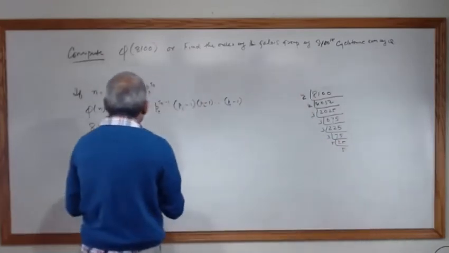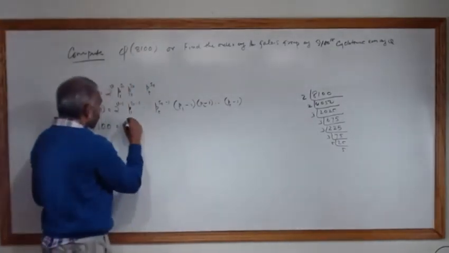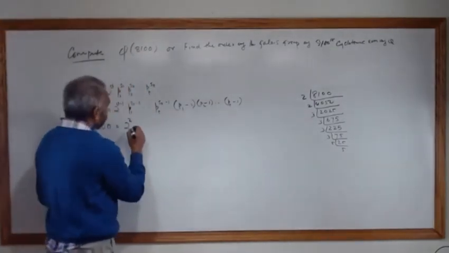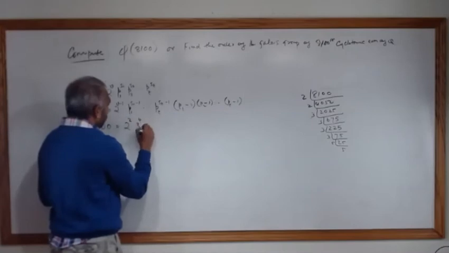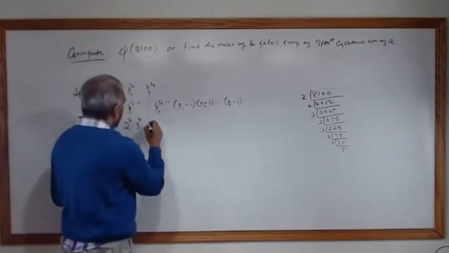So this is actually 2 square times 3 to the power of 4 times 5 square.